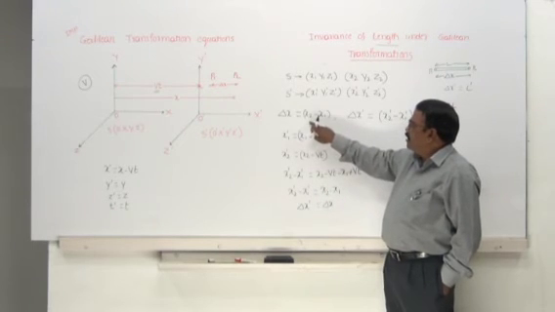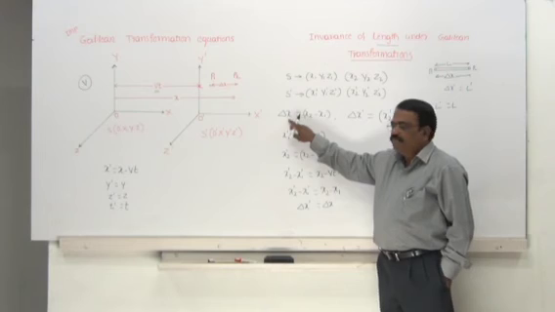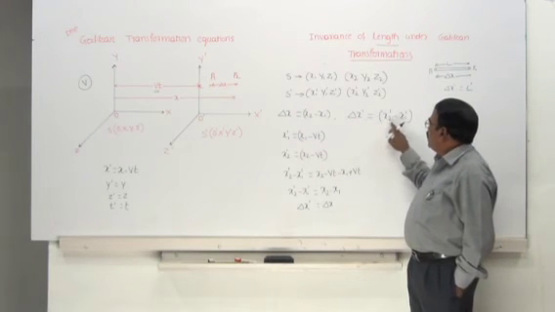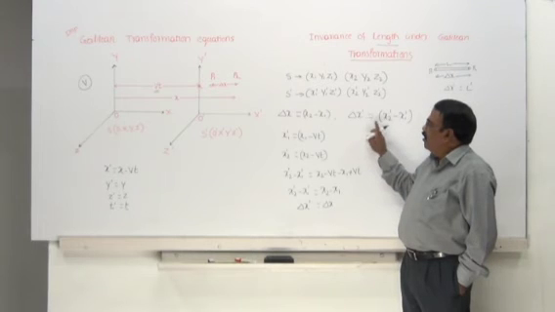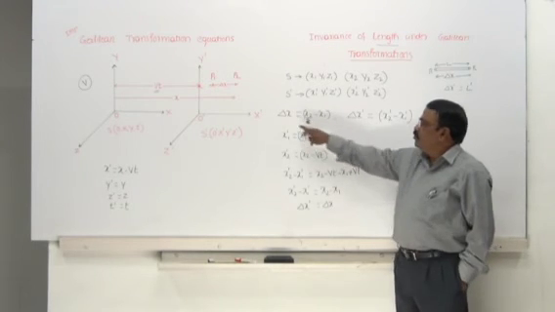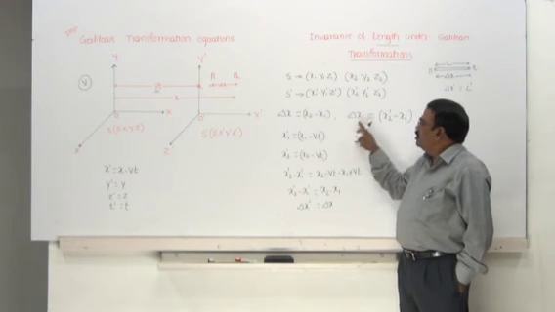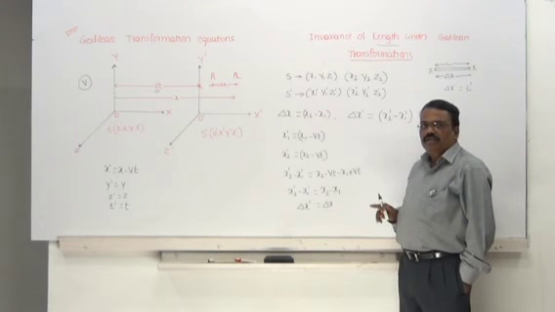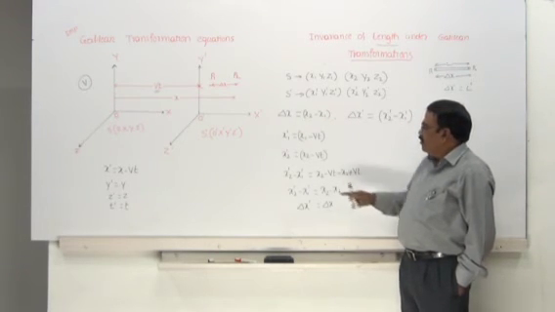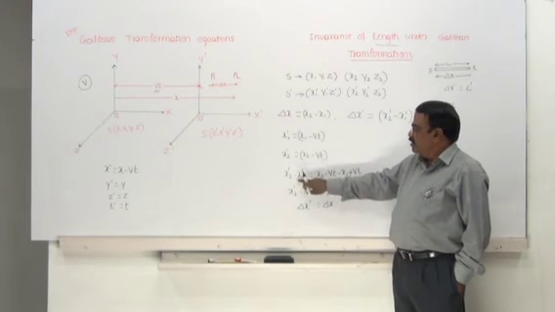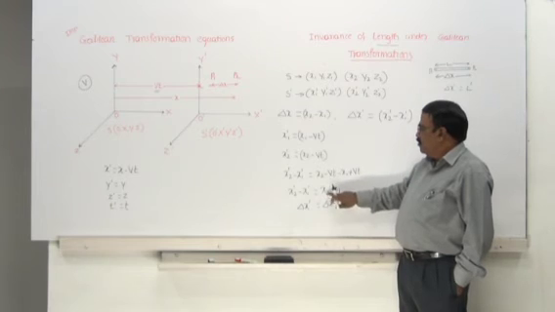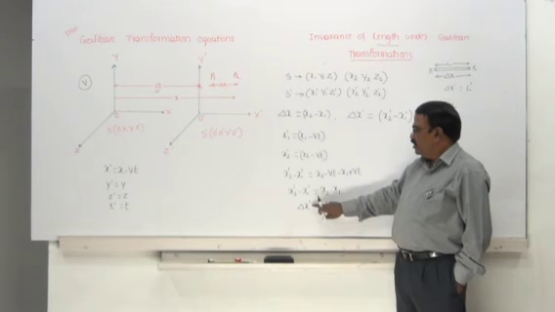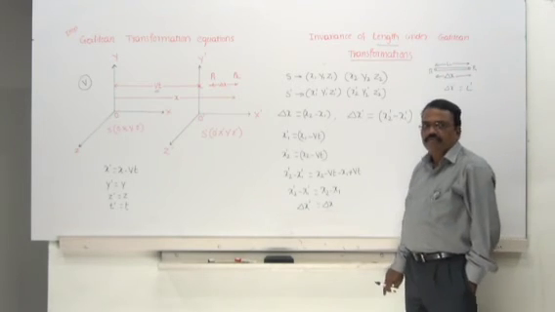We have assumed that x2 minus x1 is delta x, and x2 dash minus x1 dash is delta x dash, and finally what we have to prove is that delta x should be equal to delta x dash. From these two equations we have proved that delta x dash is equal to delta x.